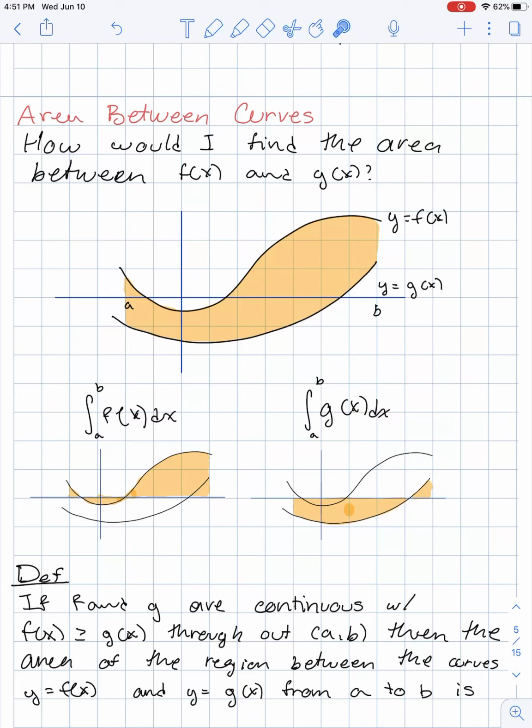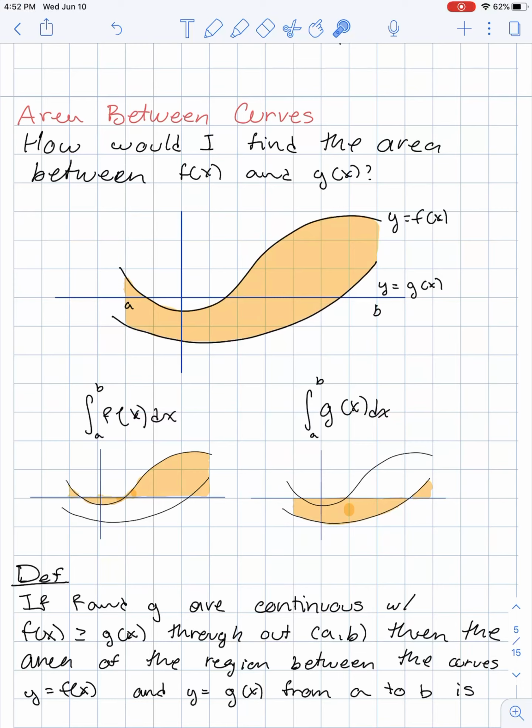I definitely want to include this, but I don't want to include this little bit. If I just take the integral of g of x dx, that's going to take the area from g of x all the way up to the x-axis. So it's going to take up the area in between f here, which I want. But again, I don't want this little area, and I don't want this area.